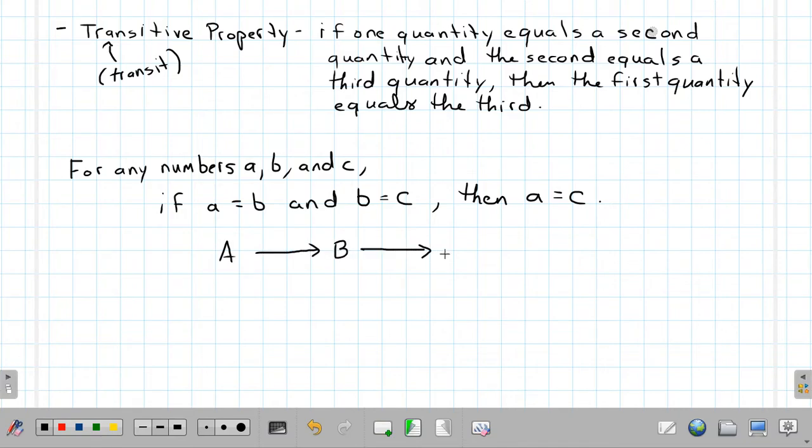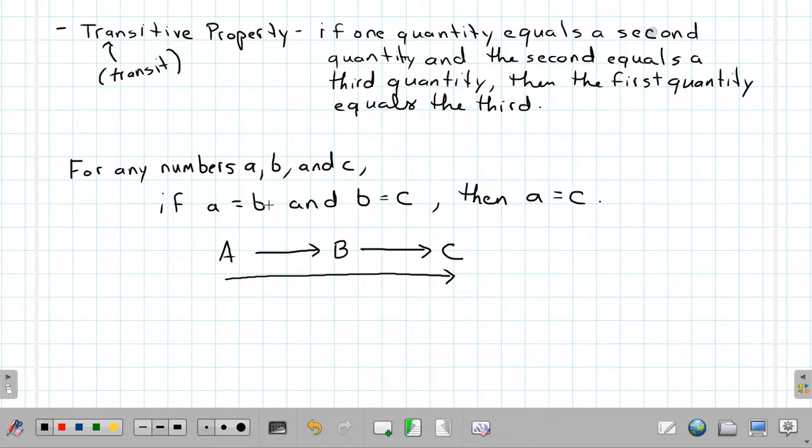If you get on at stop A, the train takes you to stop B, and then from stop B you go to stop C, going from A to B, then from B to C, is the same thing as just going from A to C. Technically you're going from A to B, then B to C, but instead of breaking it up like that, you can simply skip stop B and go from A to C.